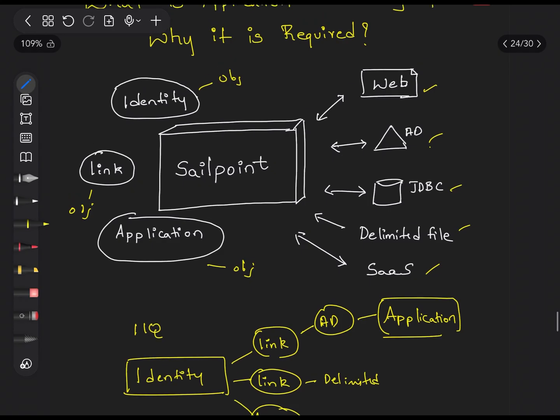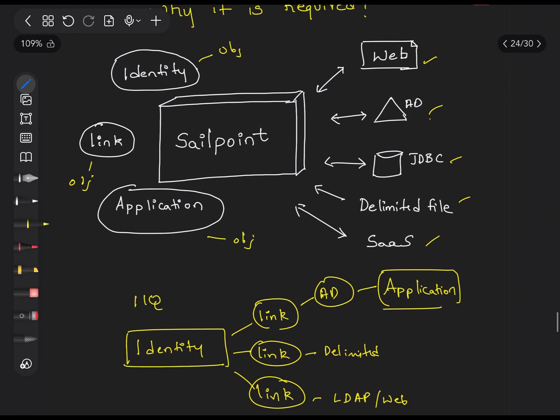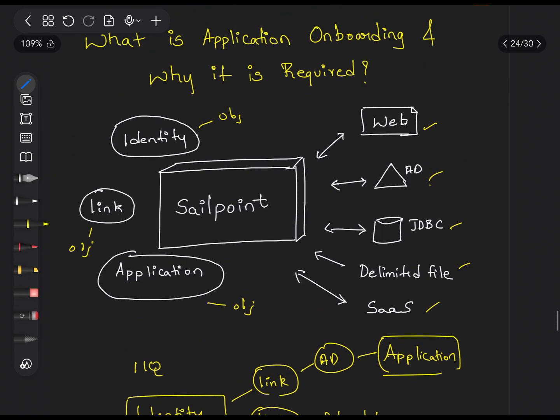When you're onboarding any application, it will be considered an application object itself. Before understanding how we onboard an application into IIQ, you need to understand how these applications work, like how Active Directory works, what a domain is, and why we need IQService. Some applications might require external components.